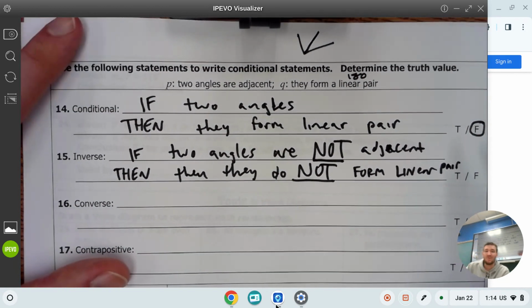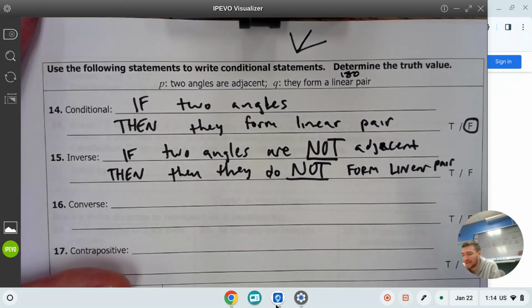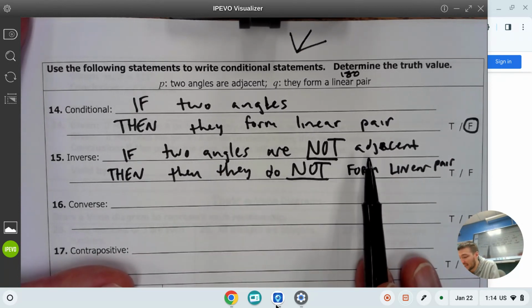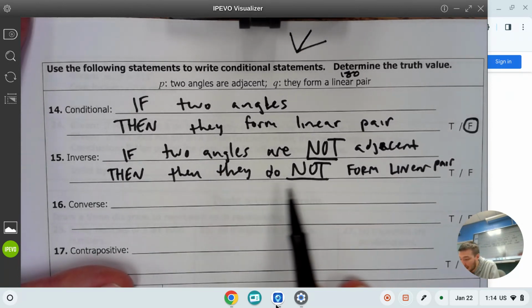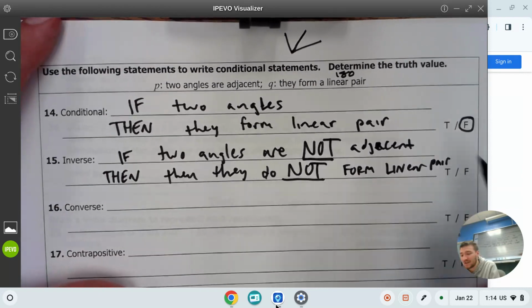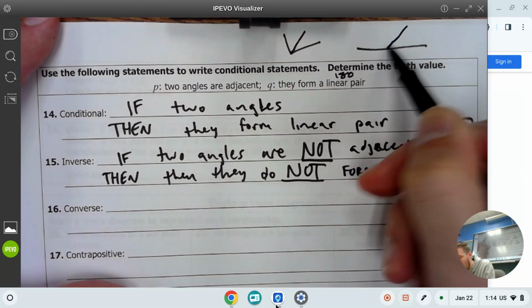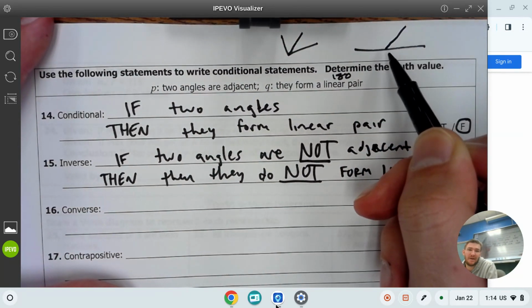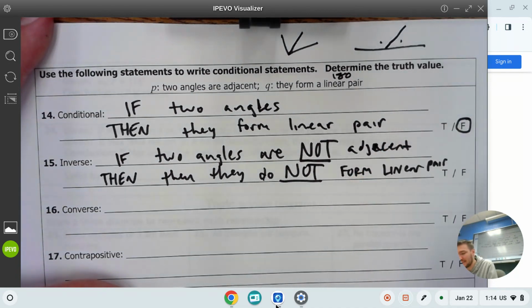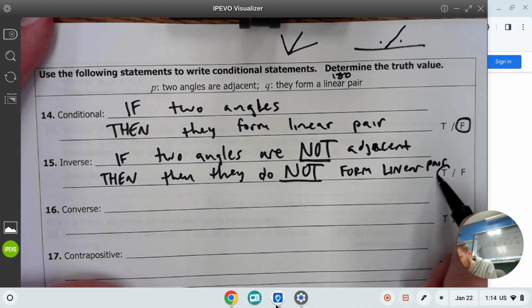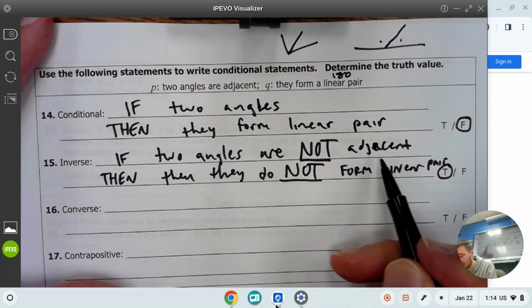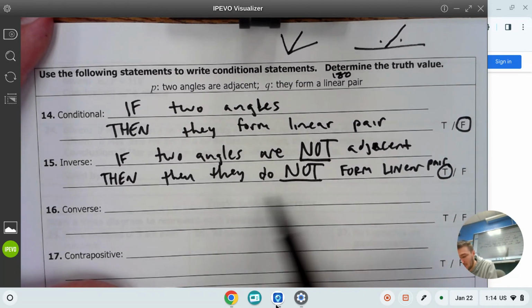Now, even though this original one was false, this one's sounding pretty good. If they're not adjacent, then they are not gonna make a linear pair, right? You have to look like this to make a linear pair. You have to be adjacent. And so I think that this is a true statement. If you are not adjacent, then you ruined it. You are not a linear pair.